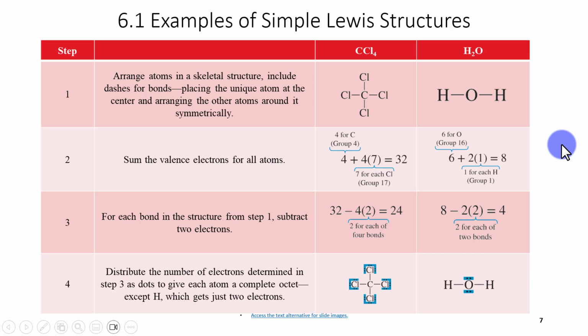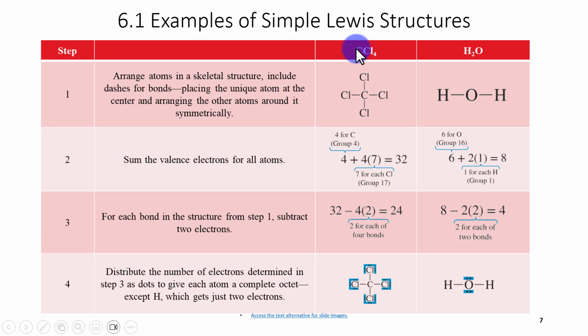Let's take a look at some more molecules, CCl4 and H2O. Note that these are not diatomic molecules anymore. For CCl4, I have 5 atoms altogether. When I'm looking at this molecule, I have only 1 carbon, but I have 4 chlorines.